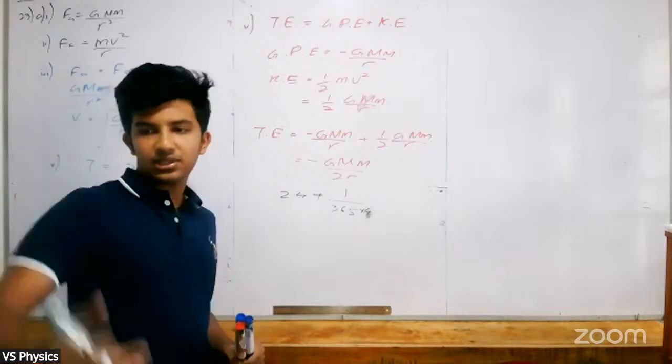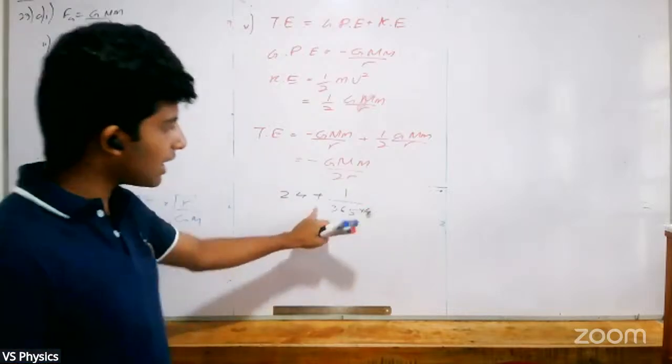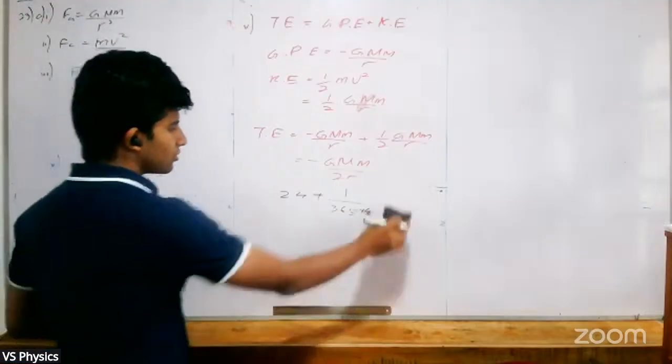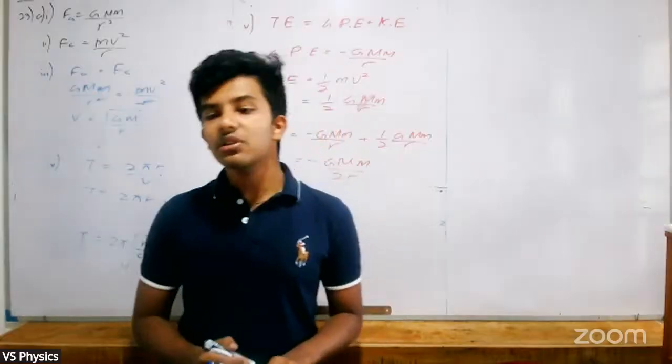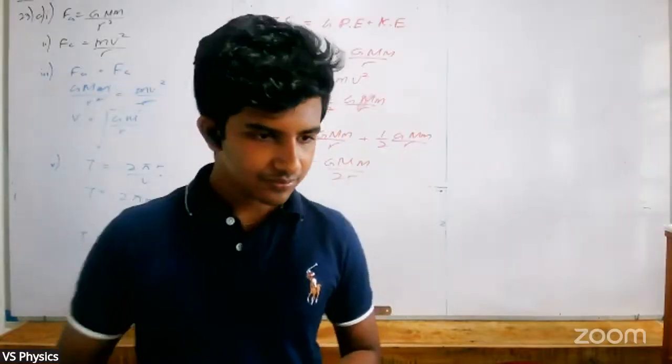That's why we have a leap year. Leap year is added because of this. Right? So it is better to write equal to the rotational period of the Earth. Then you will get enough marks.